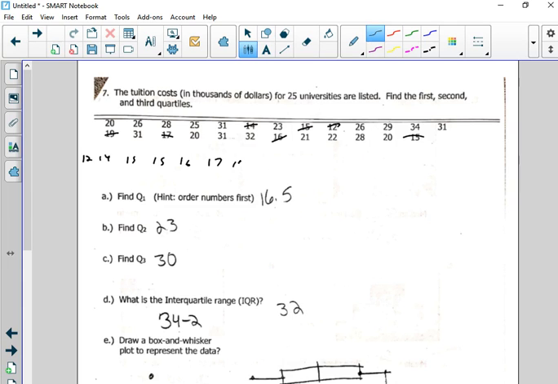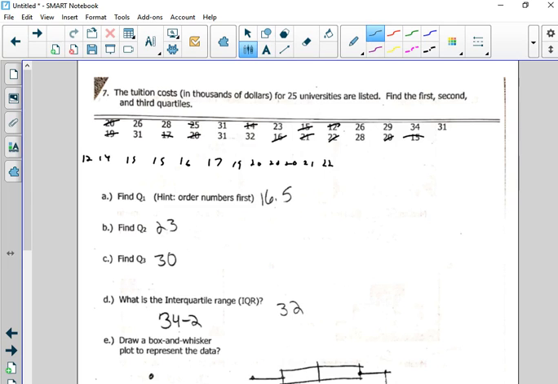So I got 19 here. Okay, 20. I got 1, 2, 3. So 20, 20, 20. 21. It looks like I got 1 there. 22. I got 1 there. I don't see any 23s. 24s.